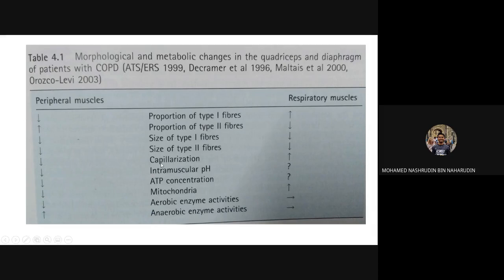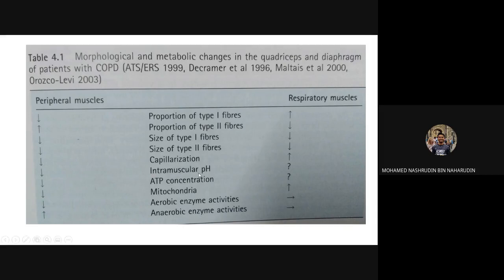And then capillarization increases in respiratory muscles. Of course, this is subject to endurance, meaning that the respiratory muscles demand more effort. That's why it creates more capillaries across the respiratory muscles to promote more alteration in the metabolism that demands higher endurance.